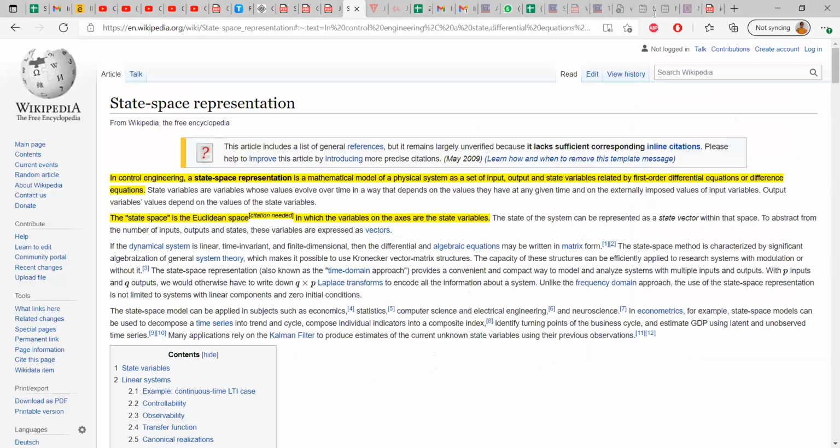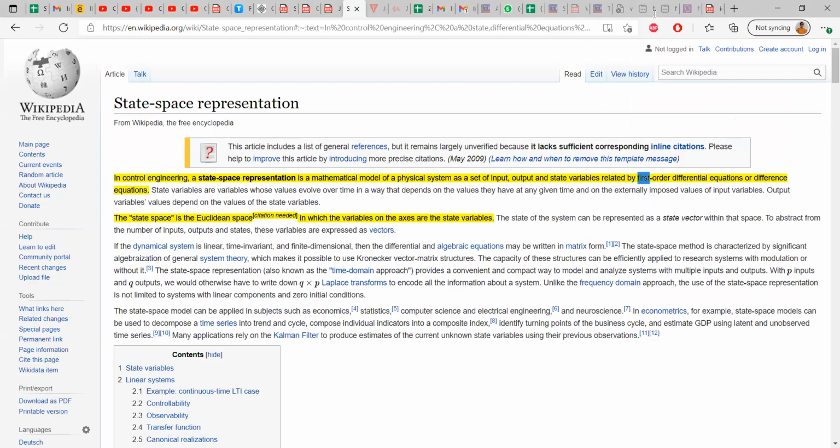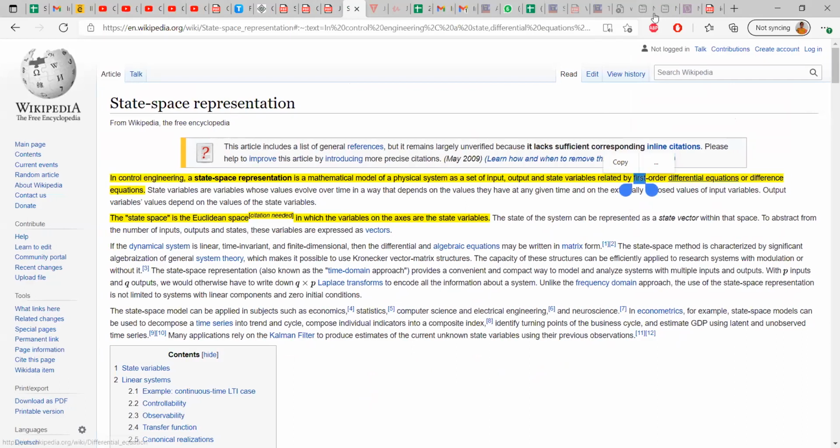If you observe Wikipedia, in control engineering, state space representation is a mathematical model of a physical system as a set of input, output and state variables related by first order differential equations. That's very important.